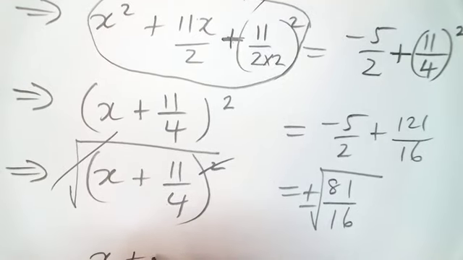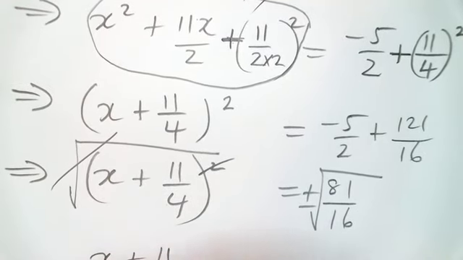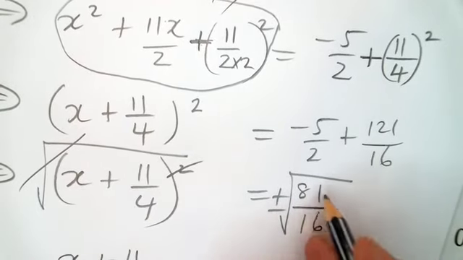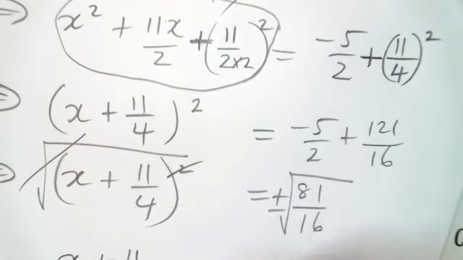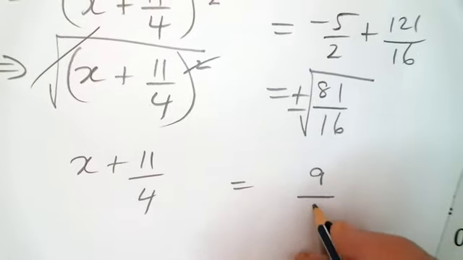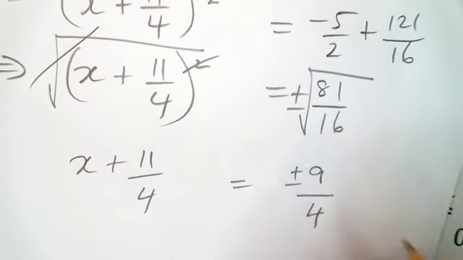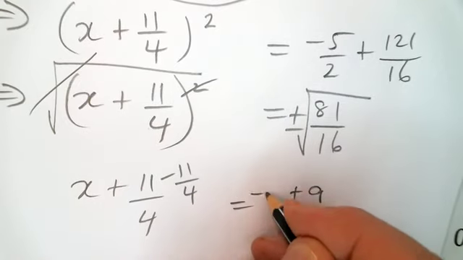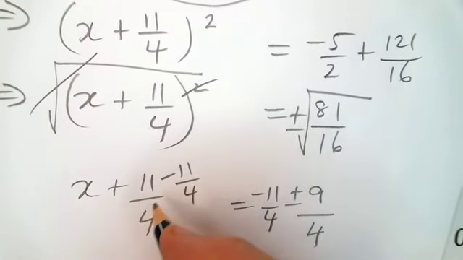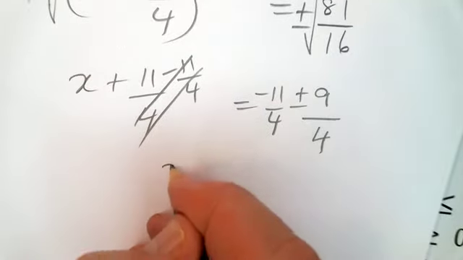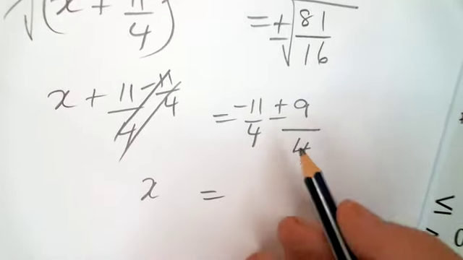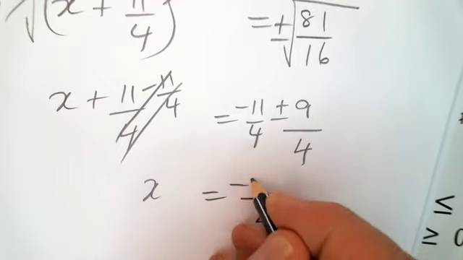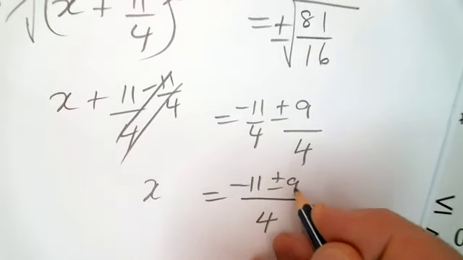I'm left with x plus 11 over 4, and that's equal to, now I can actually find the square root of these: the square root of 81 is 9, and the square root of 16 is 4. It's still plus or minus. I'm going to subtract 11 on 4 from both sides, leaving me with x equal to, over a common denominator of 4, minus 11 plus or minus 9.